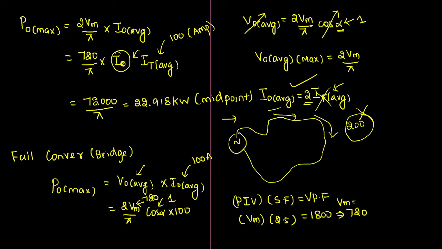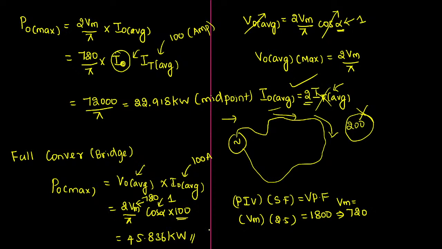Then divided by pi, it becomes 458. Am I correct? 458, then multiplied by 100, so that it becomes 45.833836 kilowatt. Yes, Geeta ma'am, you are correct.